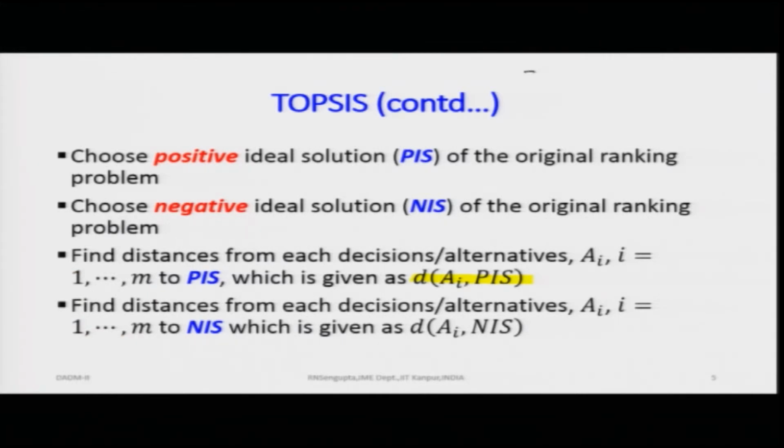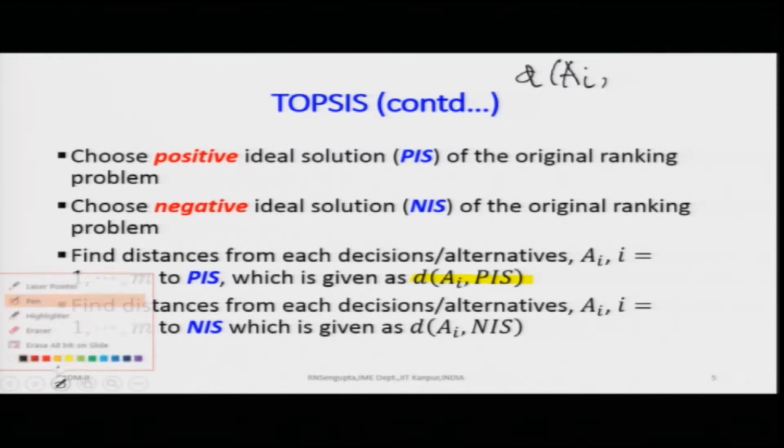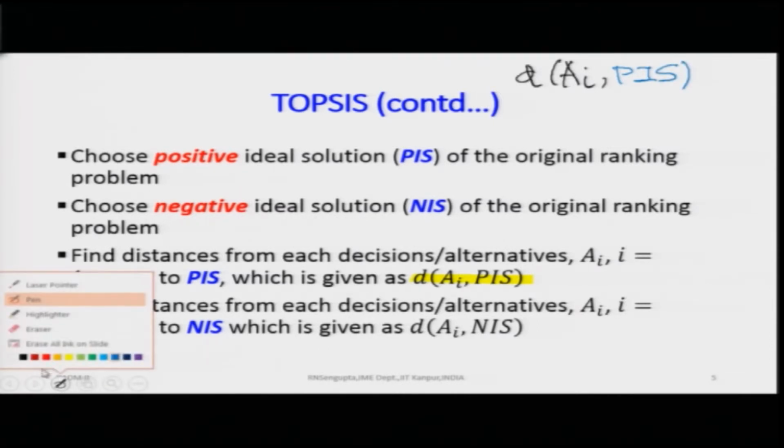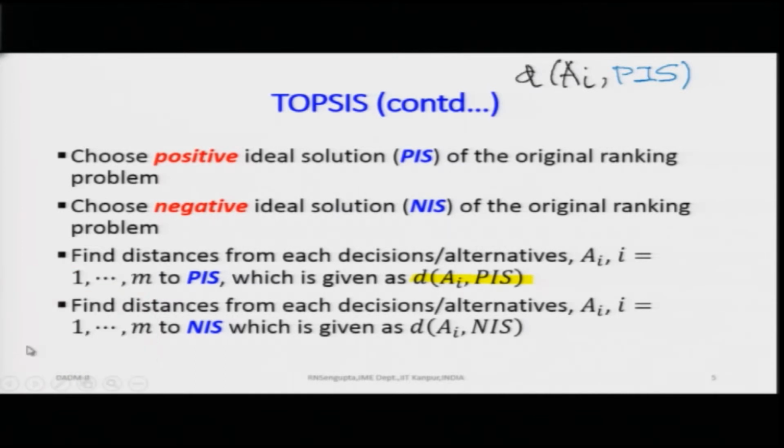So, this is distance from Ai, PIS is positive. So, I use the blue color. And when I use the negative value, so basically I would have this function.